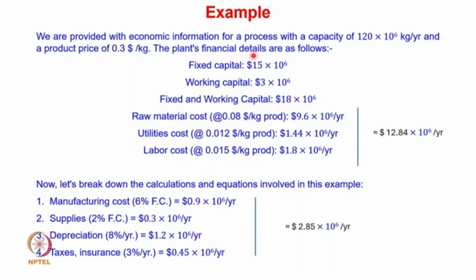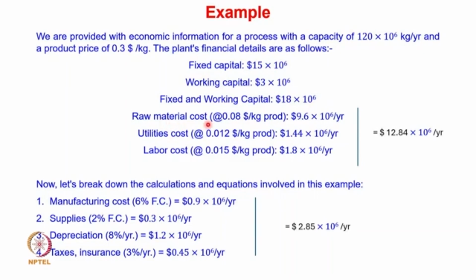The plant's financial details are given here. You can see the fixed capital cost is 15 x 10^6. Working capital is 3 x 10^6 dollars, and fixed and working capital will be the total of these two. So that will be 15 plus 3, that is 18 x 10^6 dollars.